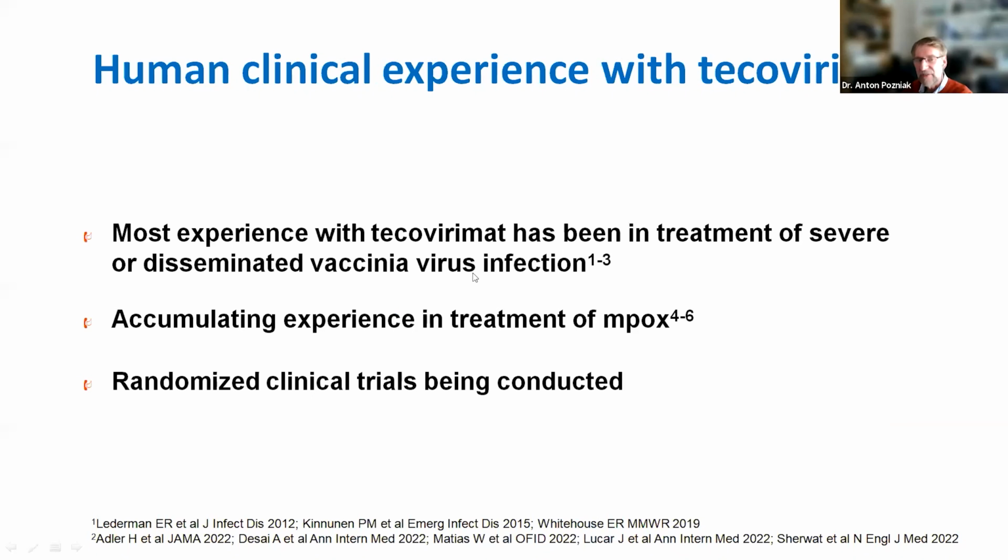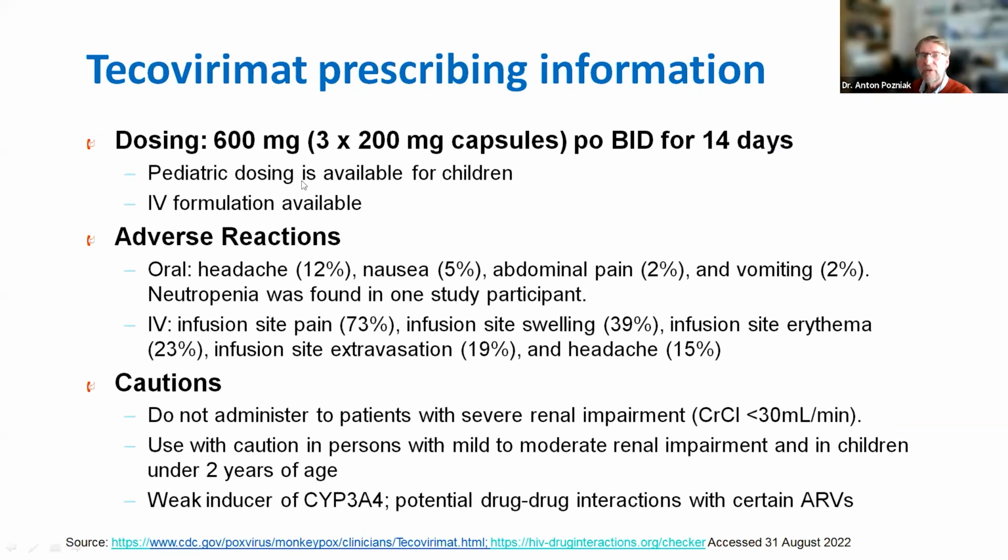And as I say, there is some accumulating experience and there are randomized trials, but they really haven't been recruiting. You dose it with 3 200 milligram capsules twice a day for 14 days. And I would say that in fulminant HIV immune suppressed patients, you might need to keep it going for even longer until the lesions have healed up.